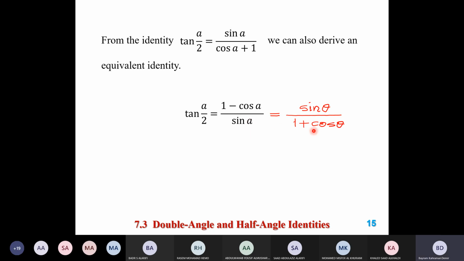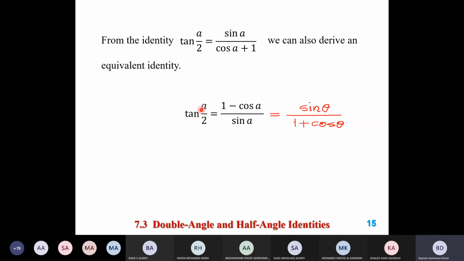These two fractions are equal. Cross multiplication. Yes, because of the cross multiplication they are equal, right, Shabab? Sine square A is equal to 1 minus cosine A times 1 plus cosine A, meaning 1 minus cosine square. Right. So that is correct.